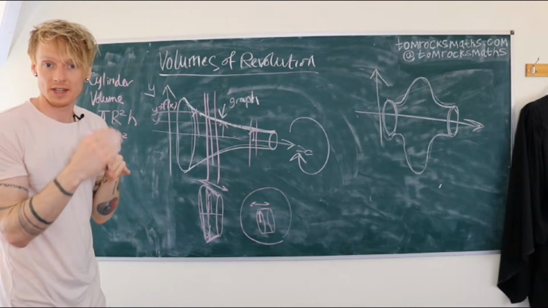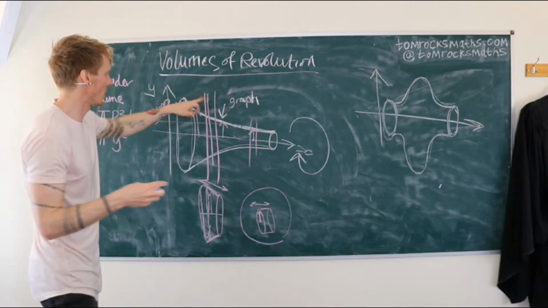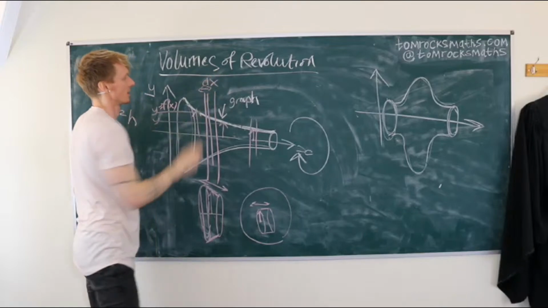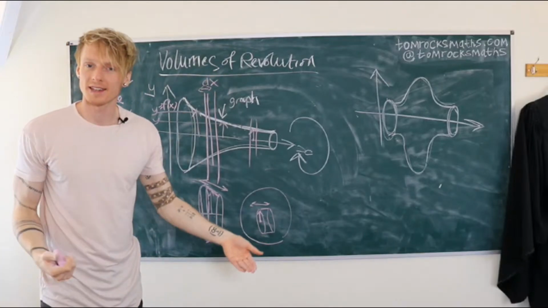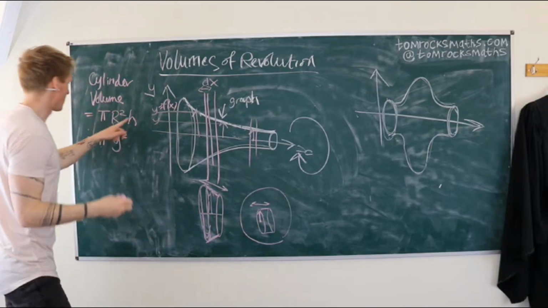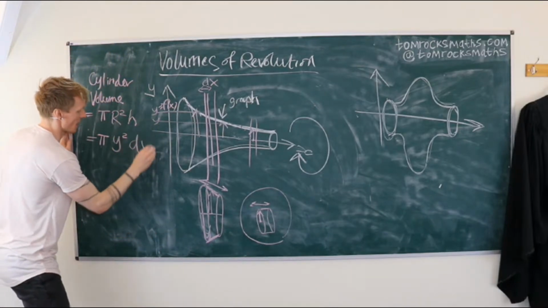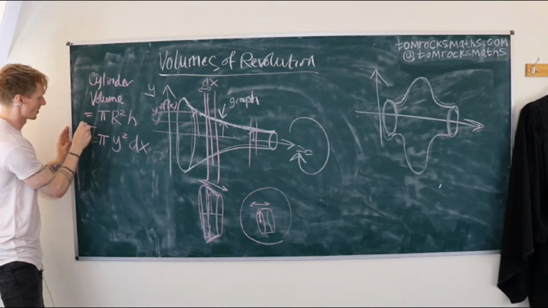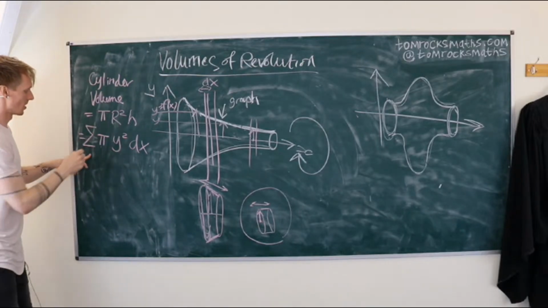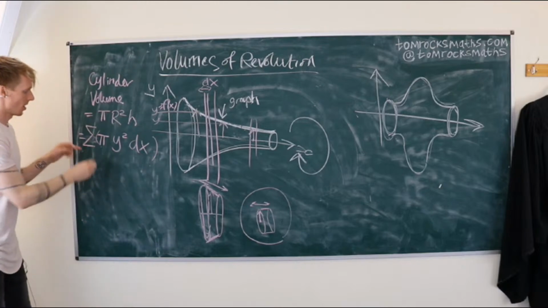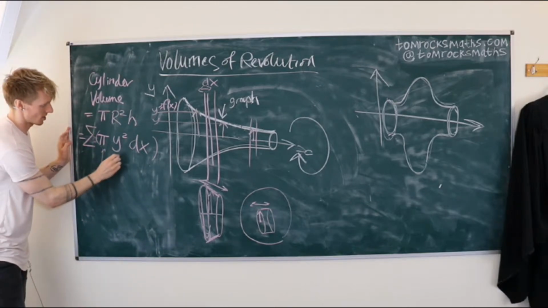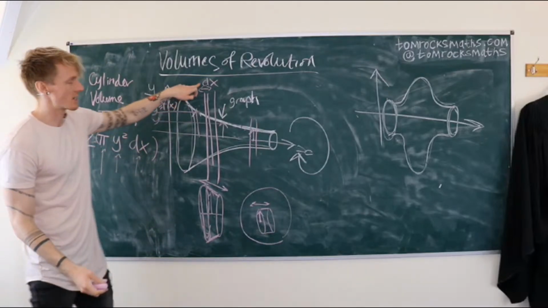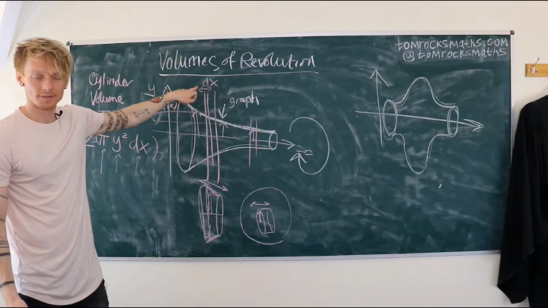If we say the width of one slice is dx, and we let dx tend to 0, then the height is dx, and we just need to add all of these up. So the volume is the sum of pi radius squared times the height, where the height is this really small dx.